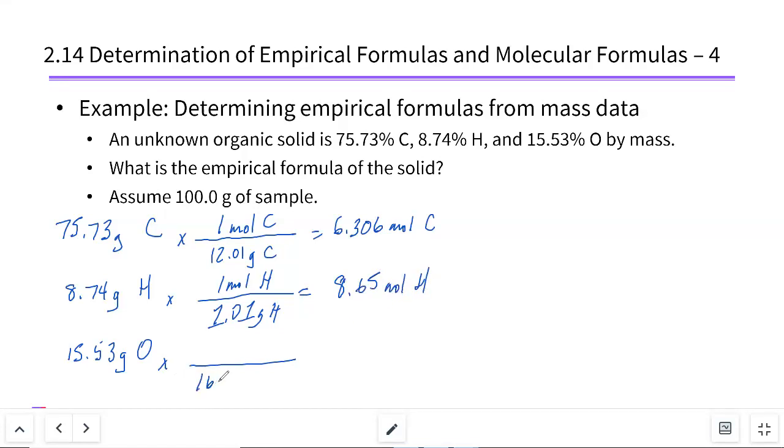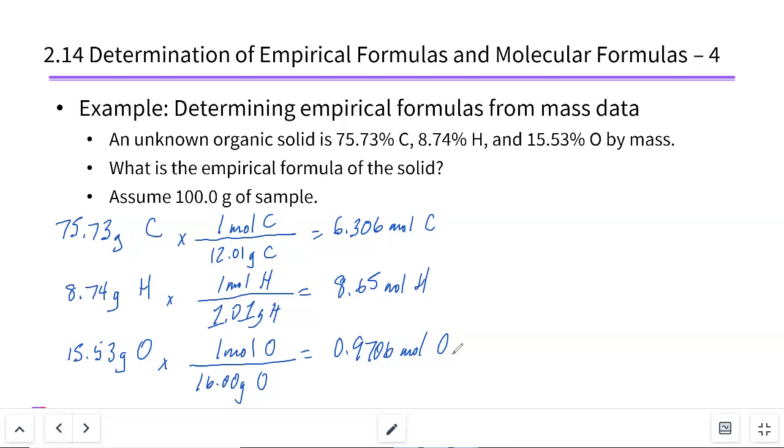For the oxygen, 16 grams of oxygen in every mole. 15.53 divided by 16 is 0.9706 moles of oxygen. So we've completed the first few steps. This is as far as we got on Monday.